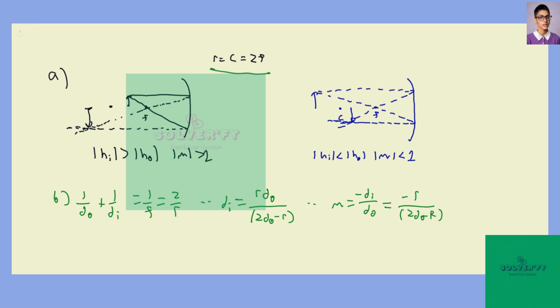Okay, so if our d_o is greater than R, then that is like case number 2 over here. If we look at our equation for the magnification, let me clear this up slightly. This is, in fact, a minus sign.